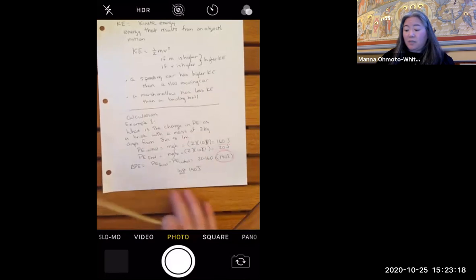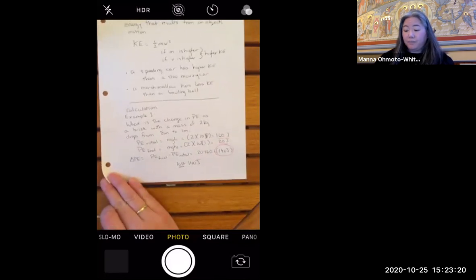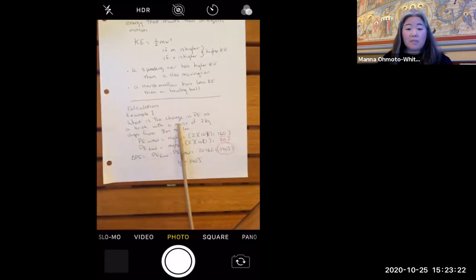So here are some examples of calculations. What is the change in potential energy as a brick with a mass of 2 kilograms drops from 8 meters to 1 meter? So I can look at this as the change in my potential energy: what was my initial potential energy, what was my final potential energy, and how much energy was lost. So I'm going to be using mgh initial.